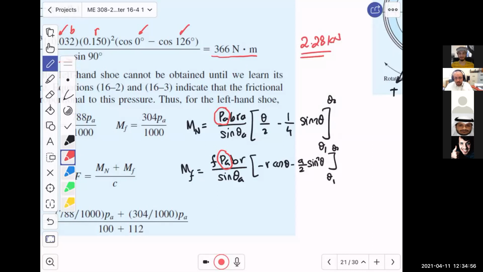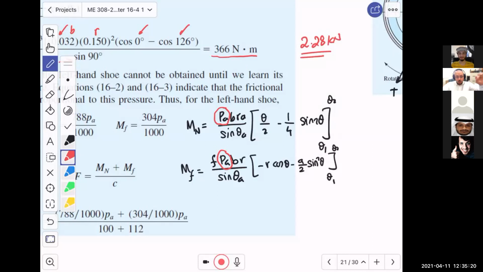How do we know this? Well, if you use 1000 in the equation to calculate F, then F is associated with that 1000. But if you apply 2.28 kilonewton on the left shoe, which by the way, you have no choice, it's a must. Remember, the actuator is sitting in the middle.